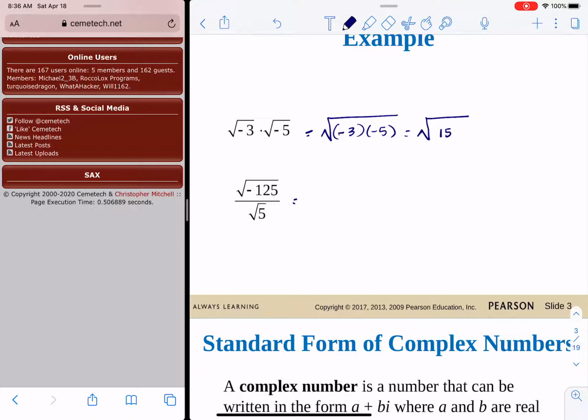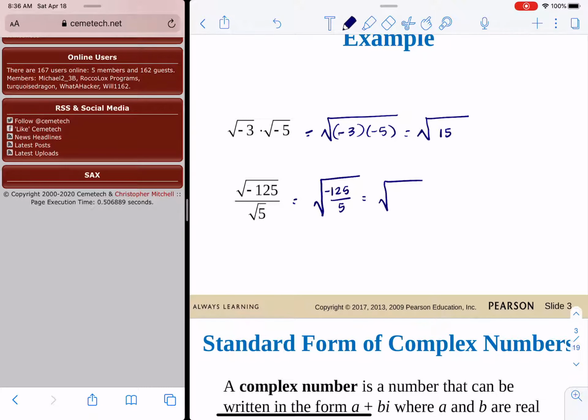So here we have one number divided by another, and both of them are inside roots. So I'm going to combine the roots first. Divide and see what happens.